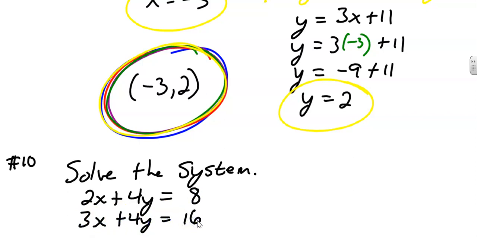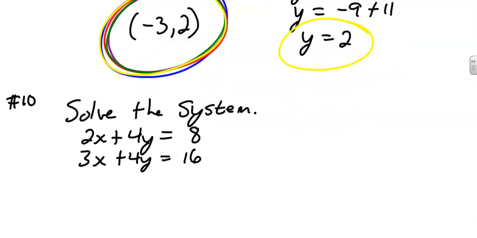So we got 2x plus 4y equals 8, and then 3x plus 4y equals 16. Okay, they don't tell you which way to go, so this one you can pick whichever option you want to go with. But if all the variables are lined up, it's probably going to be easier to do the addition method, or the elimination method, whichever way we were calling it.